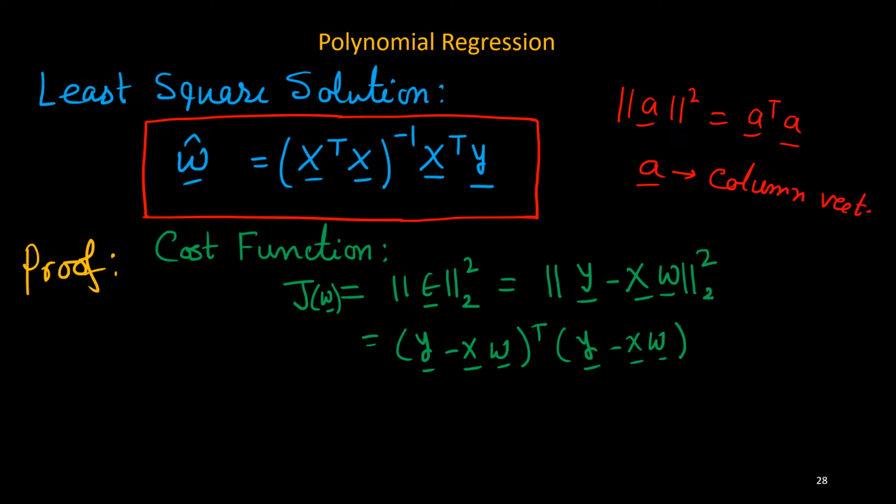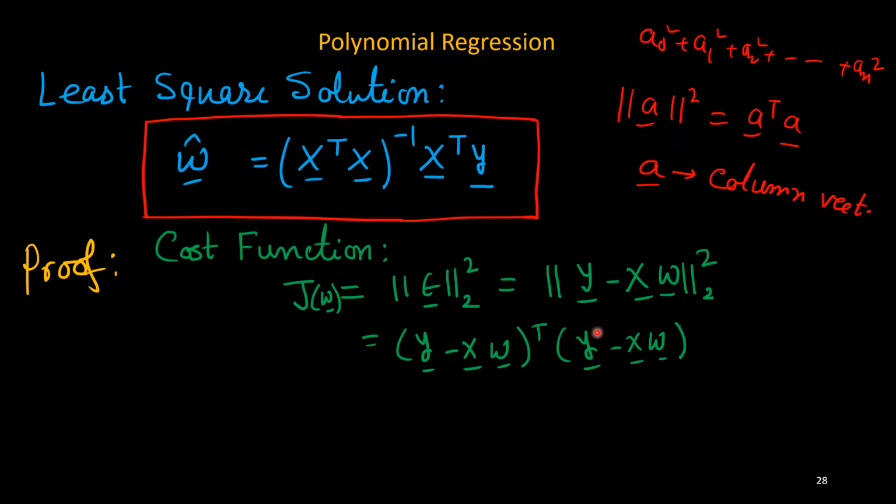Whenever a is a column vector, its norm squared you can simply write as a transpose a, because it is a0 square, a1 square, a2 square, like that up to an squared. So it's n dimensional, and here also this dot product will give you the same form, right?